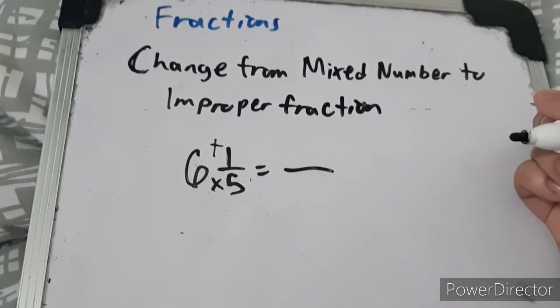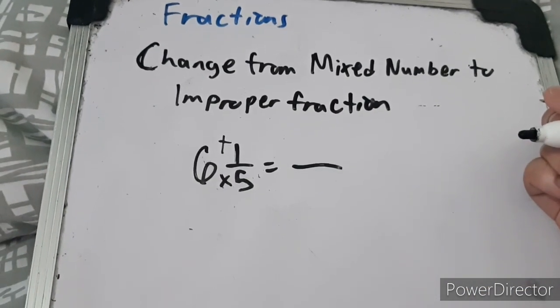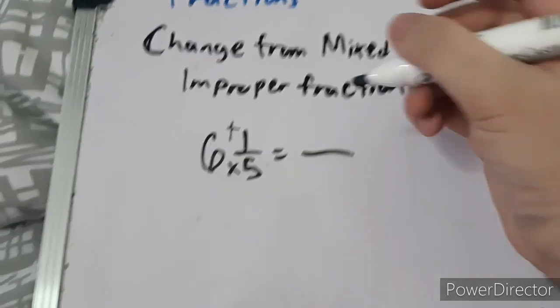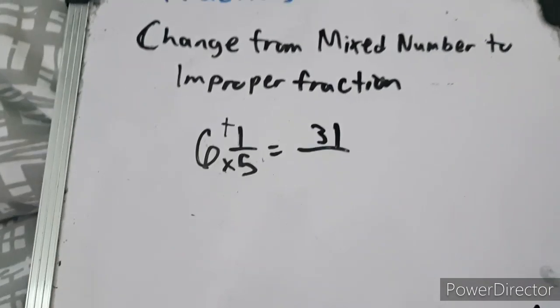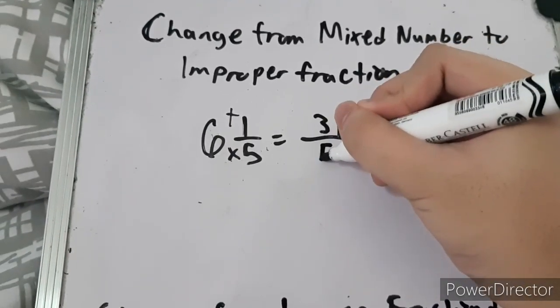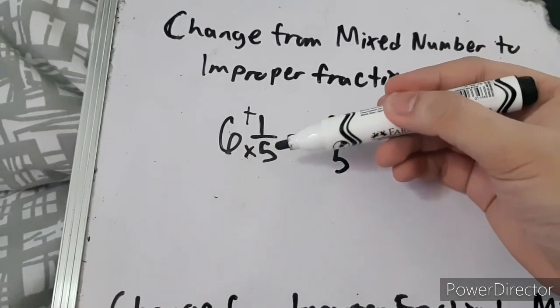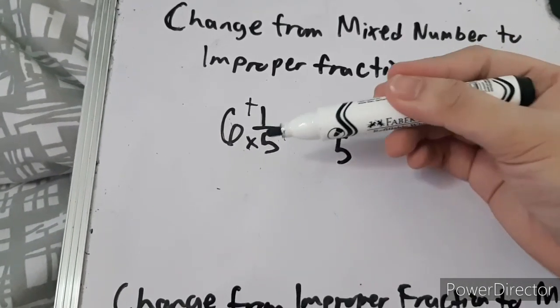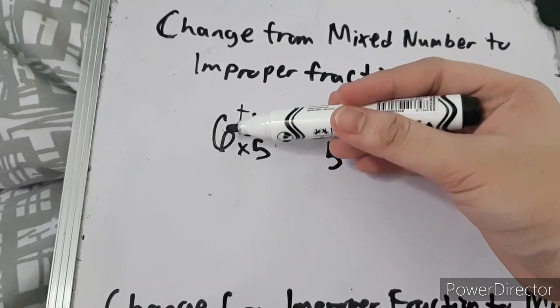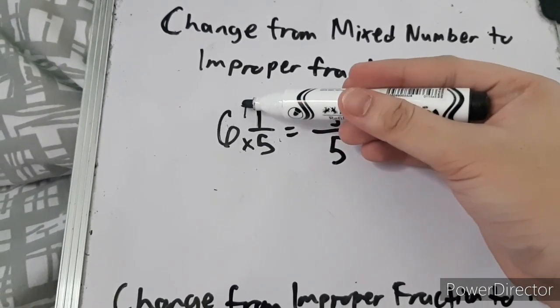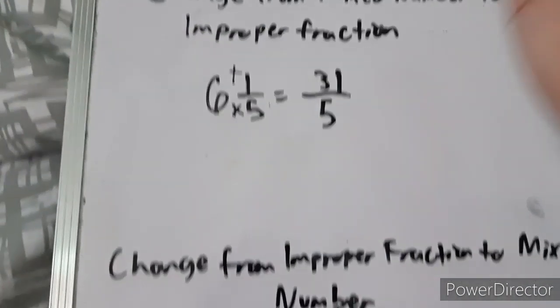So 6 times 5 is equal to 30, plus 1 is 31, and then copy the denominator. So always remember, copy the denominator, multiply the whole number and the denominator, and then after that add the numerator.